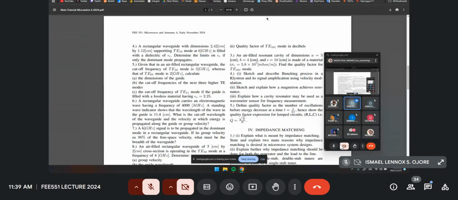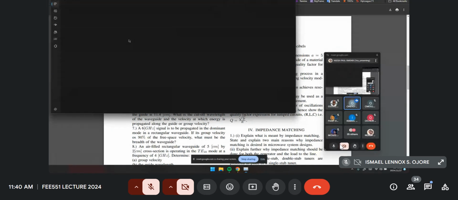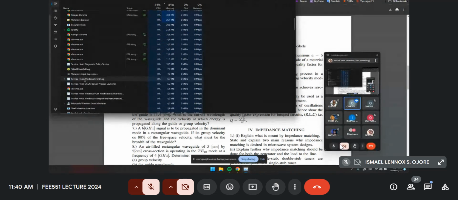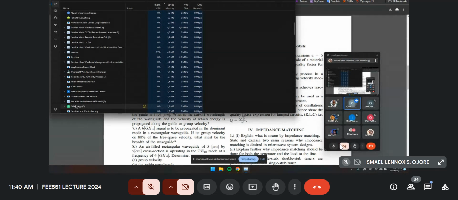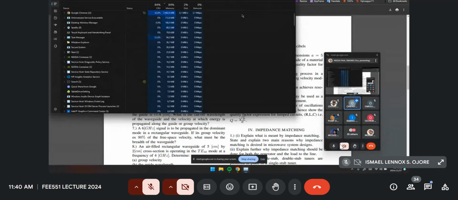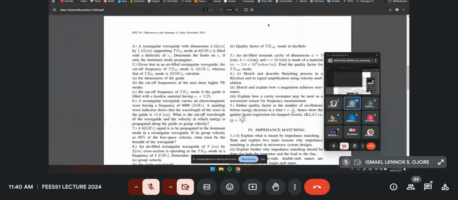For the dominant mode, as said by Alphonse, it is the one with the lowest frequency, between TE10 and TM11. Since the formula for cutoff frequency is the same for both TE and TM modes, TM11 and TE11 would both be degenerate modes.